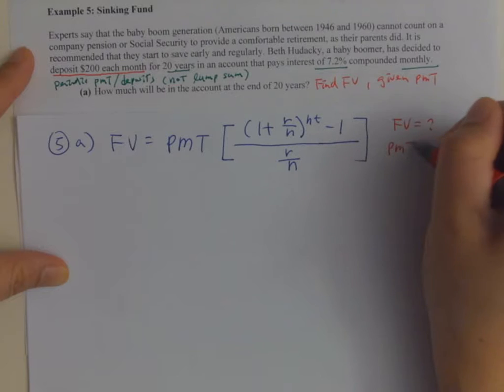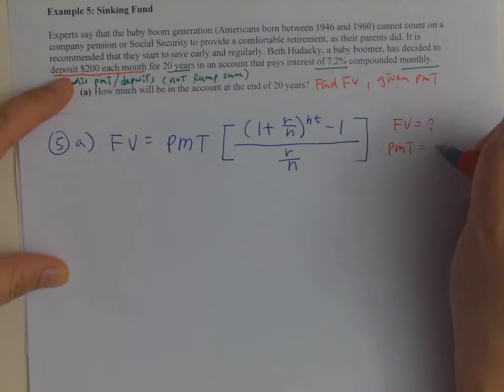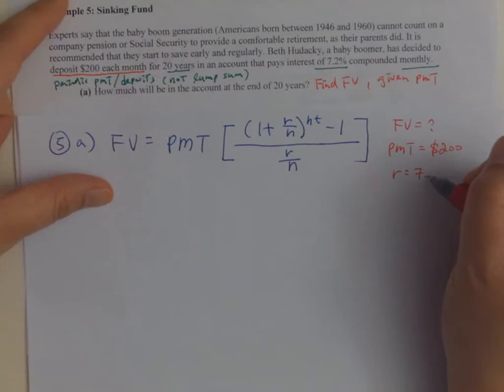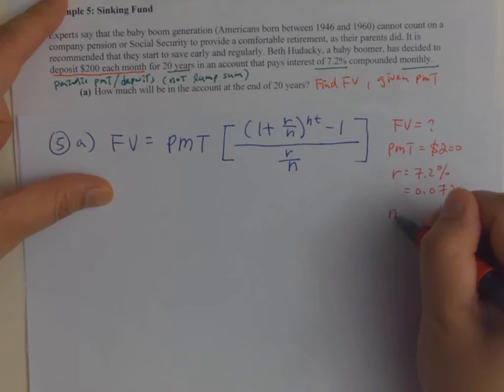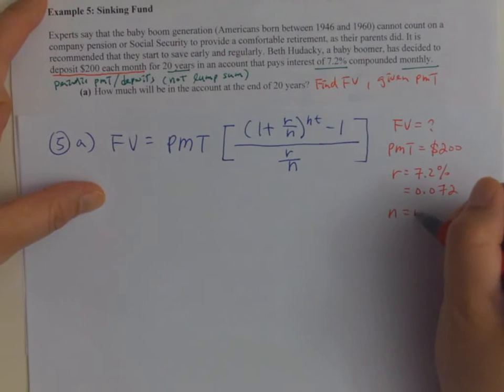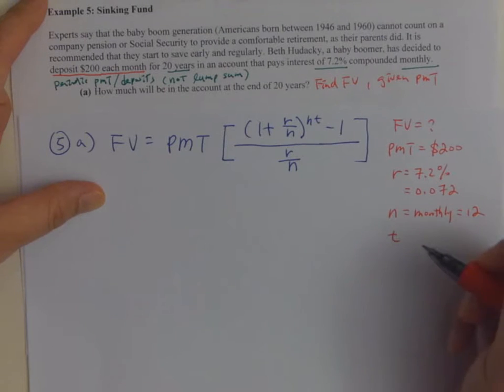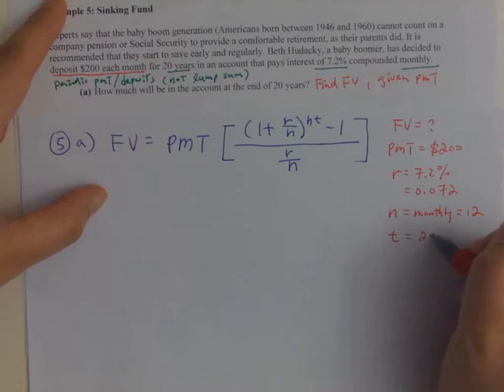We know the payment is $200 a month. R is 7.2%, but I need to change it to a decimal, 0.072. N is going to be 12, since it's monthly, meaning 12 times a year, and T is going to be 20 years.